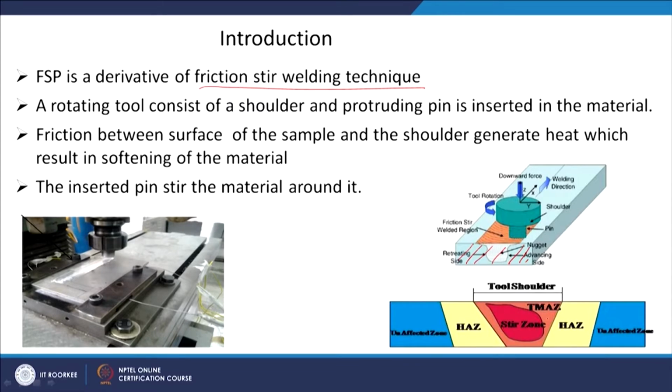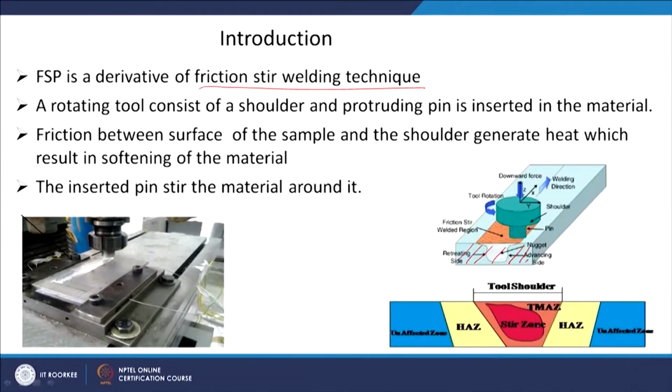That means the strain is not enough to refine the microstructure. Here you can see elongated grains, which are partially recrystallized or partially recovered. So, recovery or recrystallization is not complete, whereas in the stir zone a very nice recrystallized microstructure can be observed.